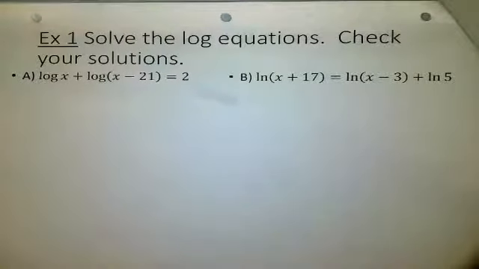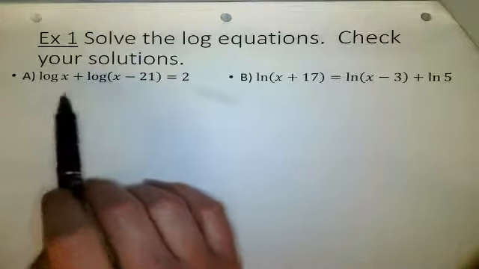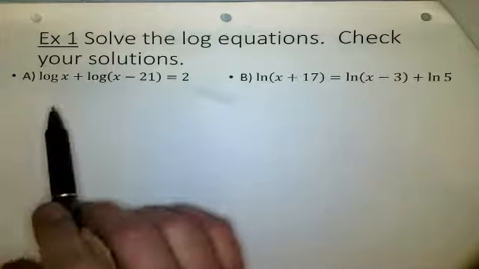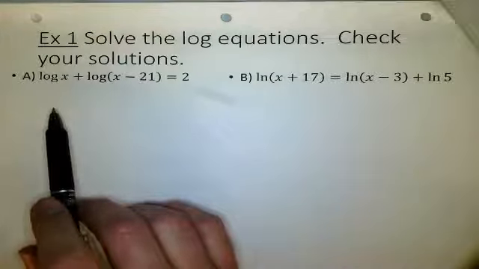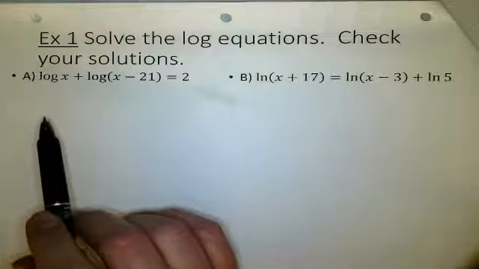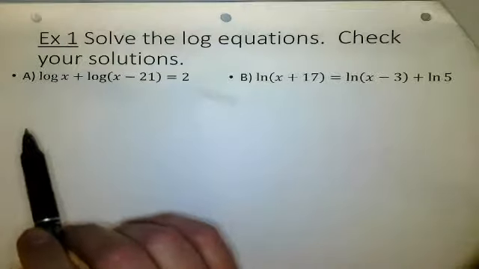Okay, so solve the log equations, check your solutions. Now, can I just drop the log? How do you drop a log? Give it a swirly. But right now, I have more than one. Is it possible to drop logs with a swirly in both?